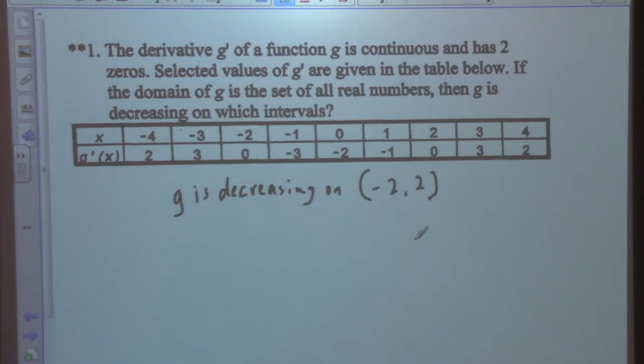Okay, is that correct? Okay, that is correct. So what is our justification? Well, those are negative, because g prime of x is less than 0 on that interval. So that's it.